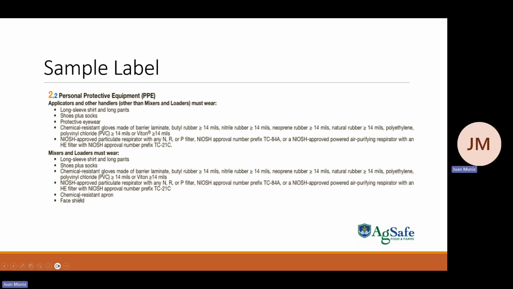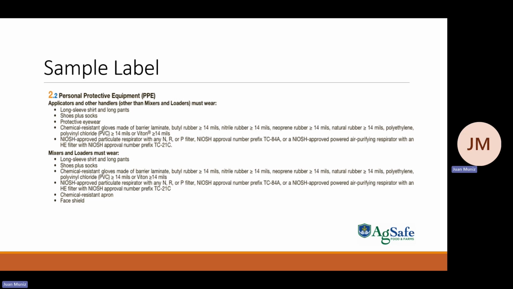And if this would be in the precautionary statements section, you would read right below that, you would see personal protective equipment, and notice that it says applicators and other handlers other than mixers and loaders would need to wear long sleeve shirts and pants, shoes and socks, protective eyewear, chemical resistant gloves, and it specifies all the different types that you can pick from. Specifically, different types of rubbers that must be equal to or greater than 14 millimeters thick.